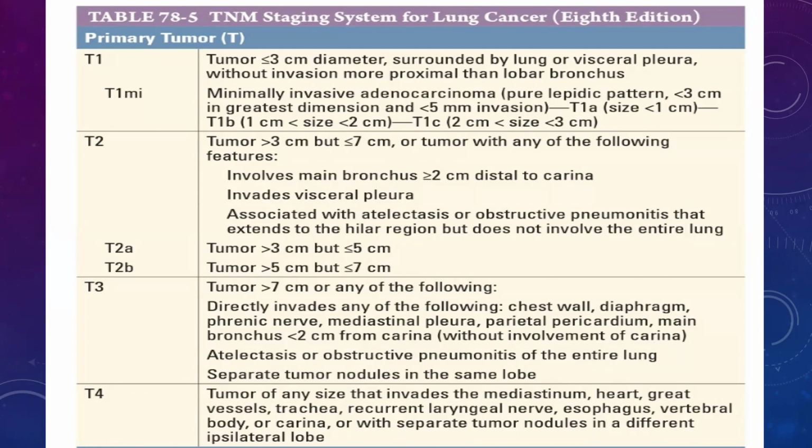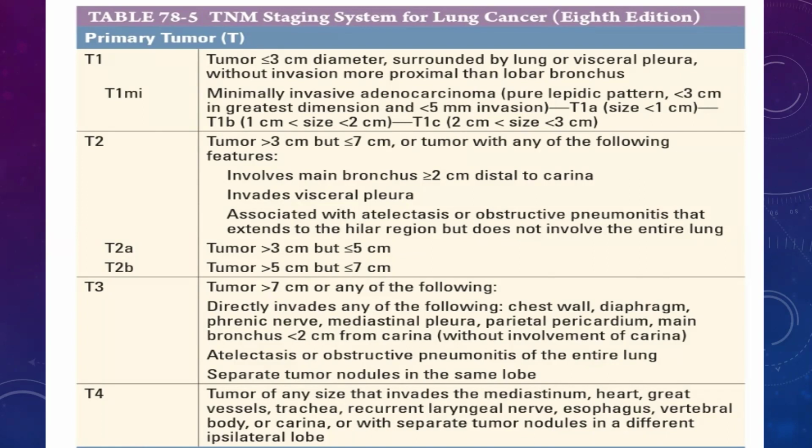There can be atelectasis or obstructive pneumonitis, but it extends only to the hilar region and does not involve the entire lung. It's further subdivided into T2A, which is a tumor more than 3 but less than or equal to 5 cms, or T2B, which is a tumor that is more than 5 but less than or equal to 7 centimeters.